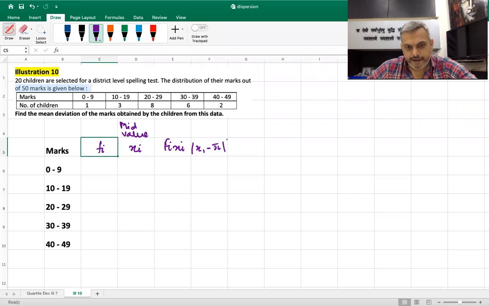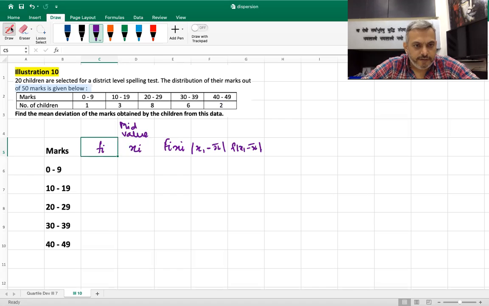Modulus, meaning negative we will not take. And then Fi into modulus Xi minus X bar. So these will be our columns.